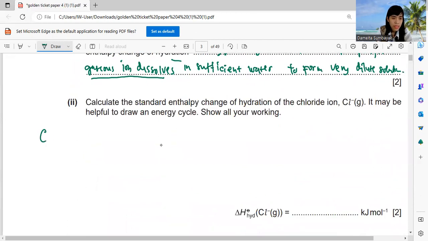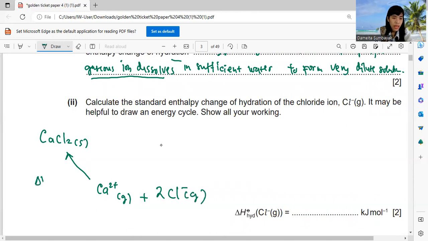So we start from CaCl2 solid, which is formed from Ca2+ gas plus 2Cl- gas.